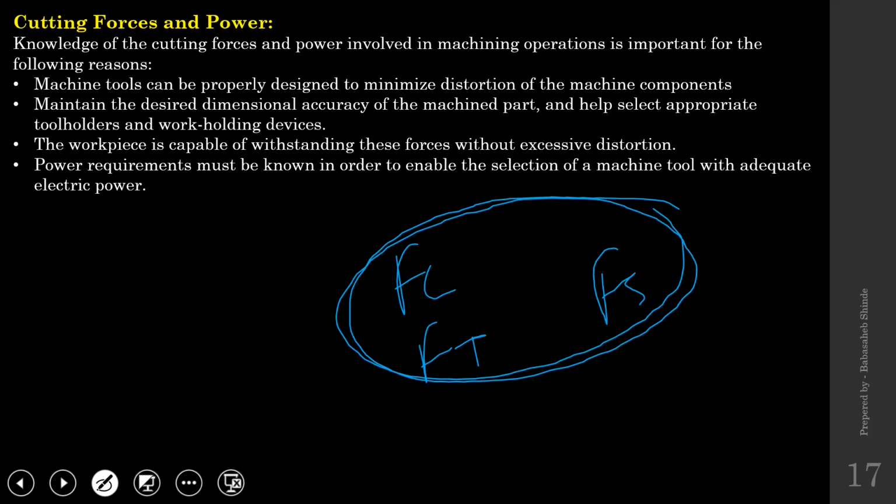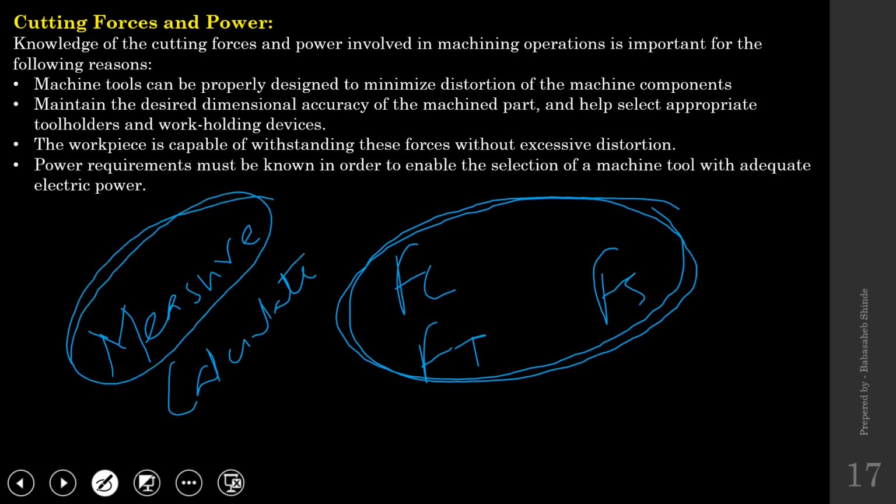Out of those forces, a few forces you can measure directly, and a few forces you need to calculate from the forces that you have already measured. There will be a certain relationship between the forces, and if you have measured a few forces, you can use those measured forces to calculate the remaining forces. Okay, so what are those forces?